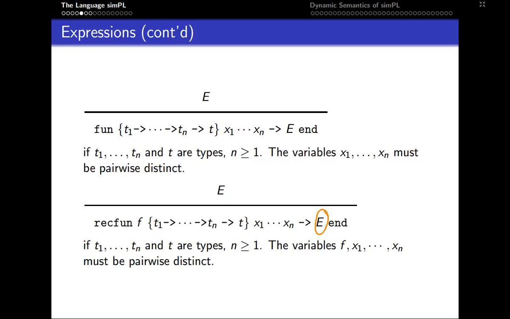So now, what should be the type? Let's try to make sure that the type makes sense. What we need to put in here is only the type of this, because that is the thing that is called f.